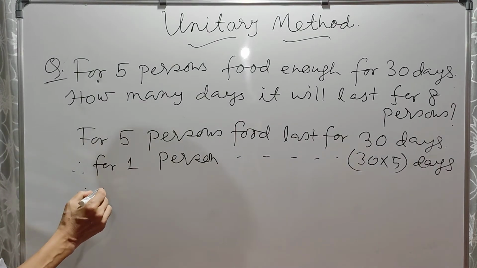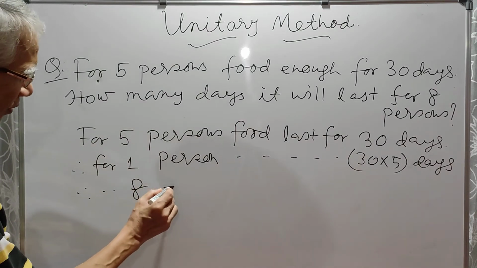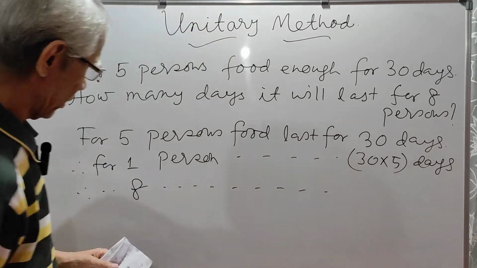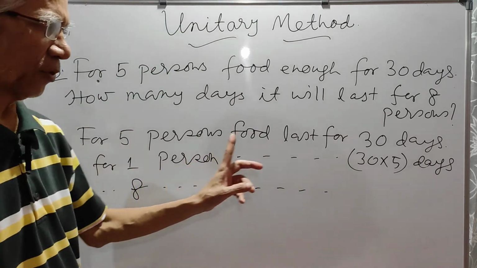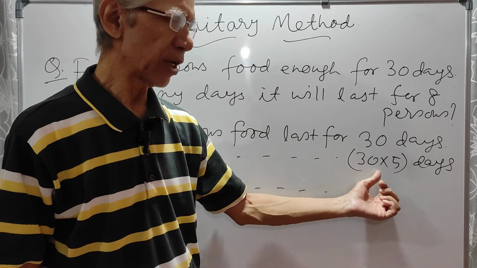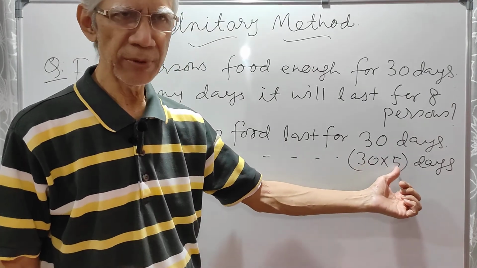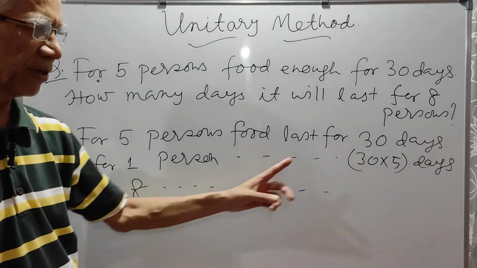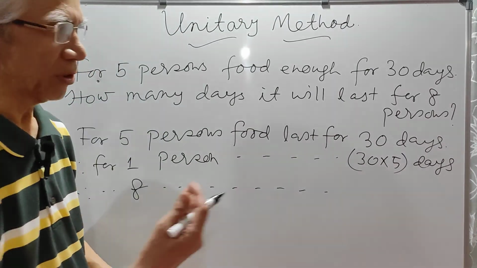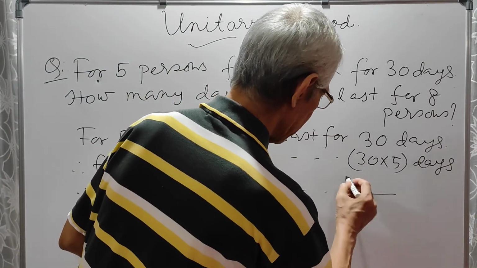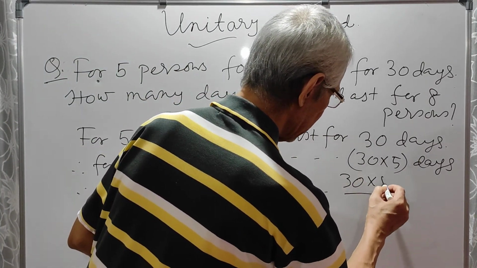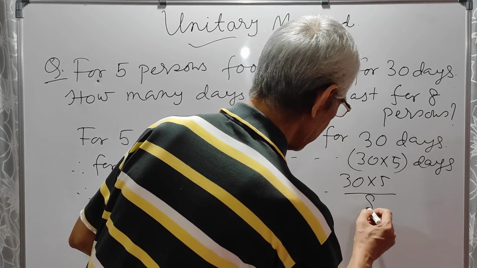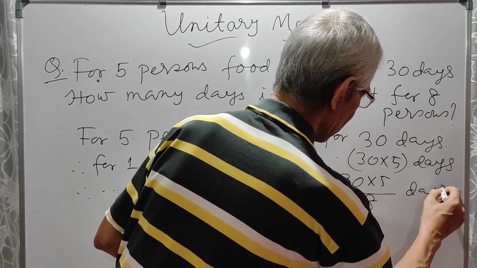Now we have to find out for 8 persons. For one person alone, the whole food will last for 150 days. 30 into 5, 150 days. Now, for 8 persons, definitely it will last for fewer days. So you have to divide. You have to divide 30 into 5 by 8. So many days.